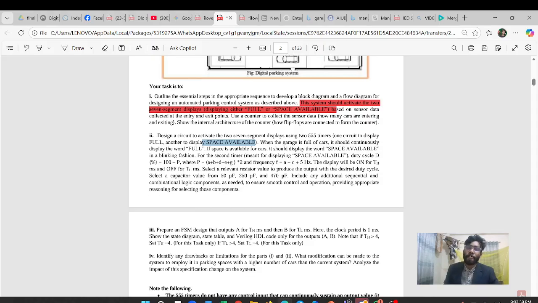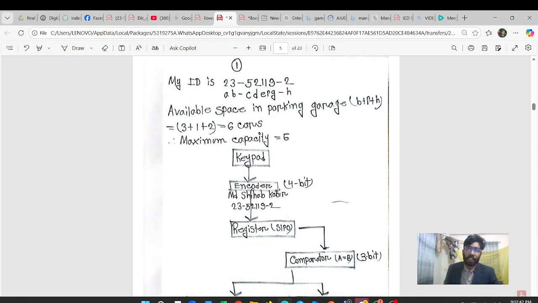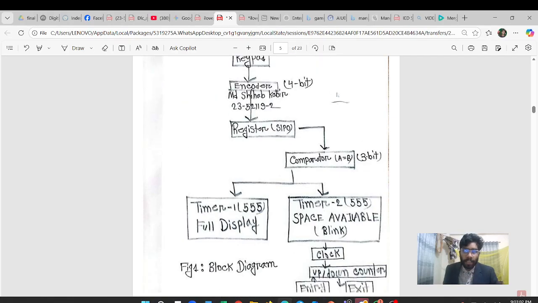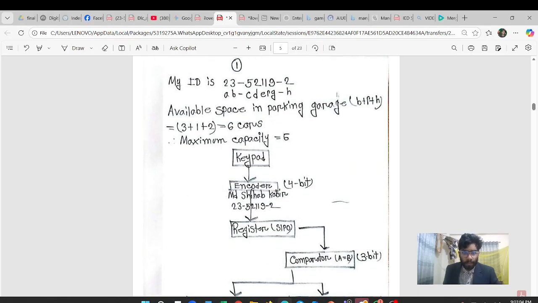Now I am going to my original circuit that I have designed myself. My ID is 235211192. According to my ID, the space available in the parking garage, or maximum car limitation, is 6. First of all, I create a block diagram: keypad output from the user, then the encoder, which converts decimal to binary, then the register.